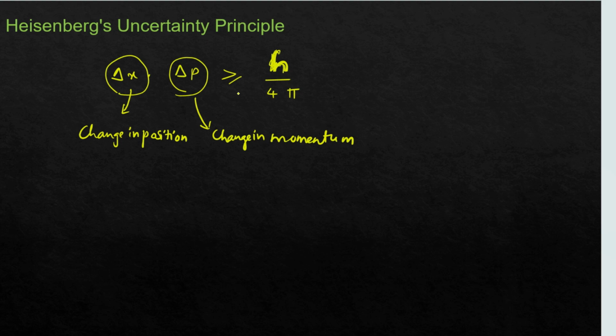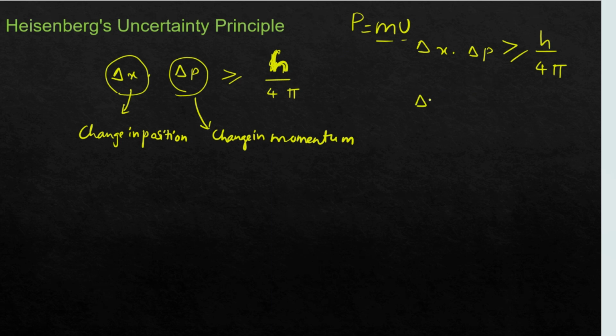That is the Heisenberg uncertainty principle. So the first thing I wrote, delta x into delta p is greater than or equal to h by 4 pi. And we know momentum p is equal to mv, mass into velocity.